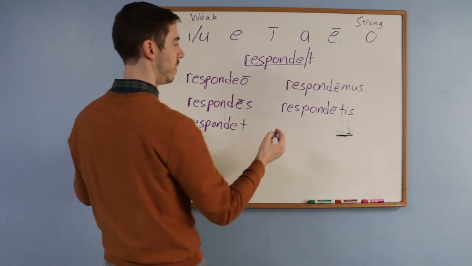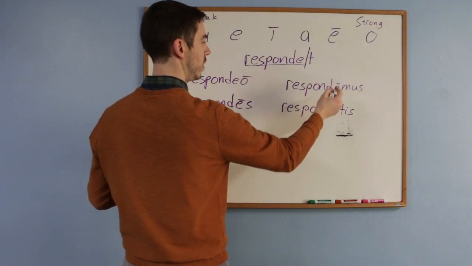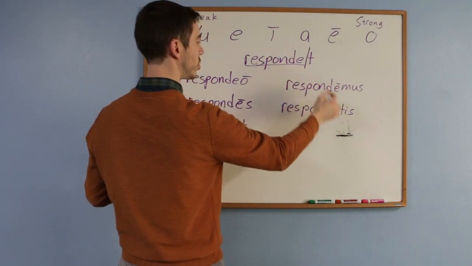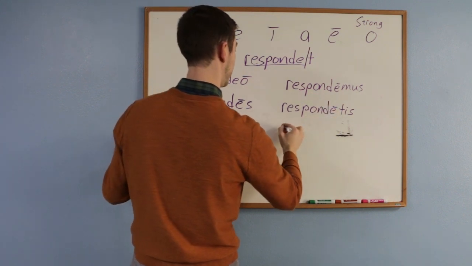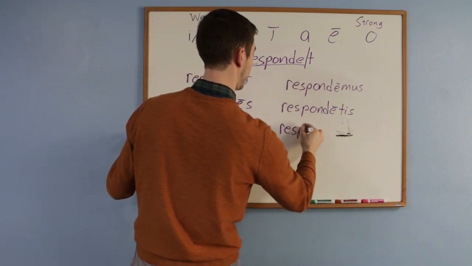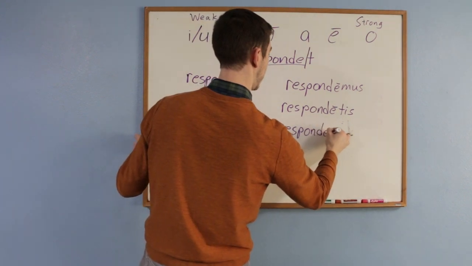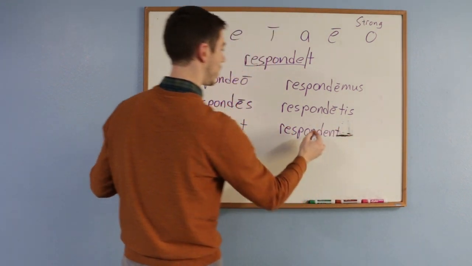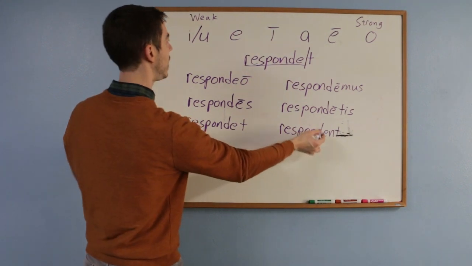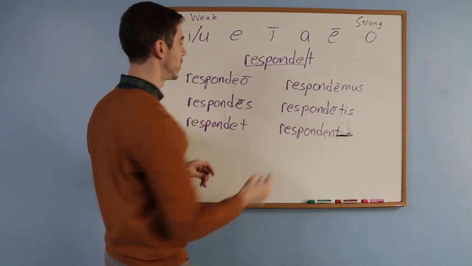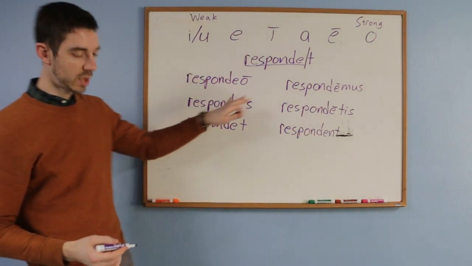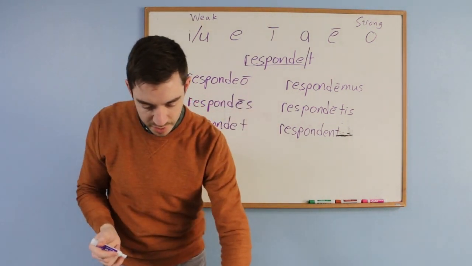Again, the E squished the I out. And then finally, we have respondent. The E here squished the U out, so we have respondent. So that's how you would conjugate respondet.